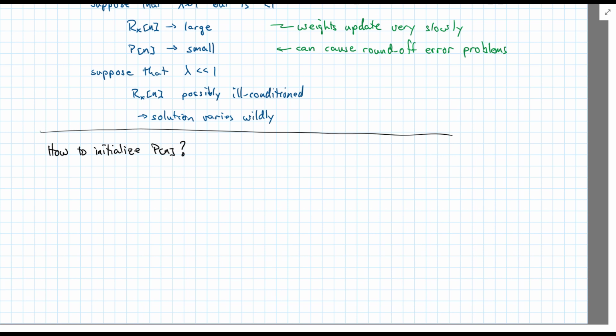Ideally, we could just set P of n equal to Rx inverse of n at some point. And so we could calculate a certain number, move forward, maybe M samples, build up an estimate of Rx, find the inverse, and that would be our starting point. Since we're talking about starting at time 0, what would we do? Well, we could do something like this.